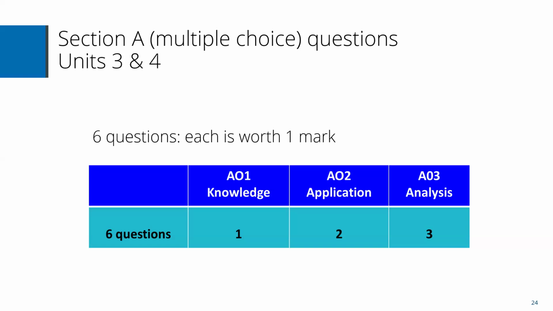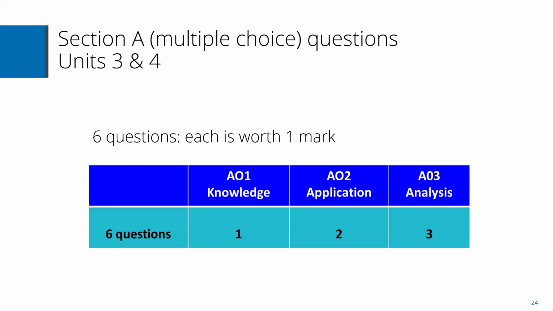So it's something else to have a look at the different types of question that are showing in the sample assessment materials, as well as any of the past papers from units 3 and 4, and look at those different types of question, and you can pinpoint there what type of question is AO3 analysis, in addition to those we've just looked at for AO1 and AO2.